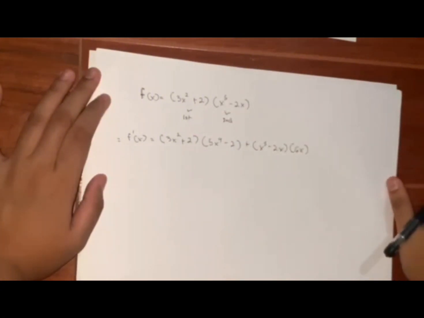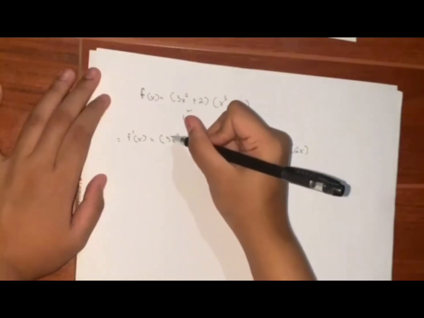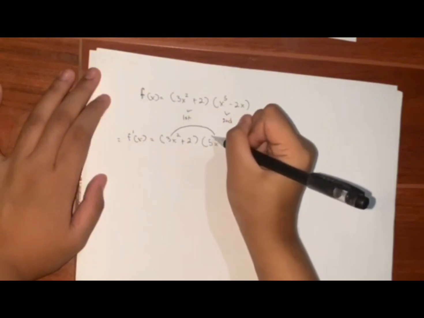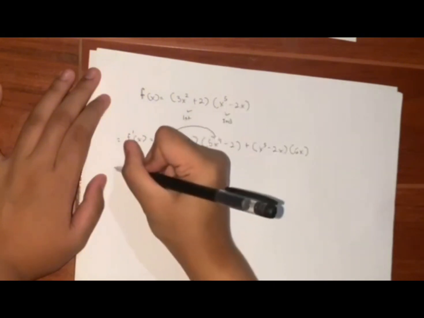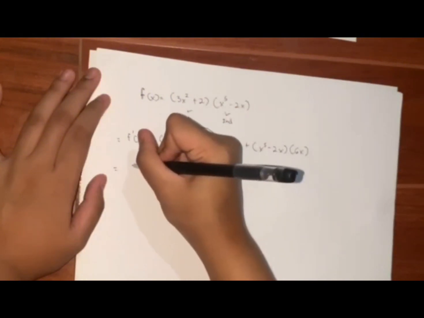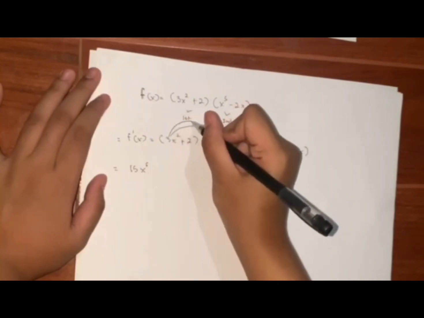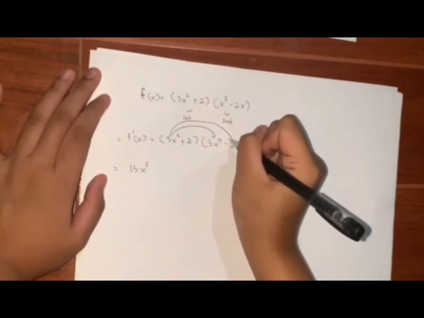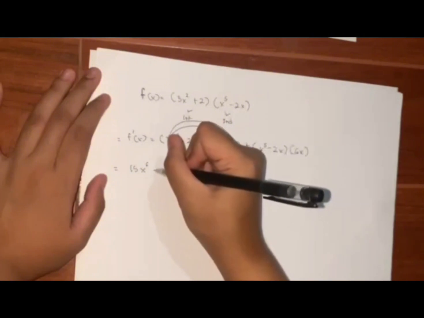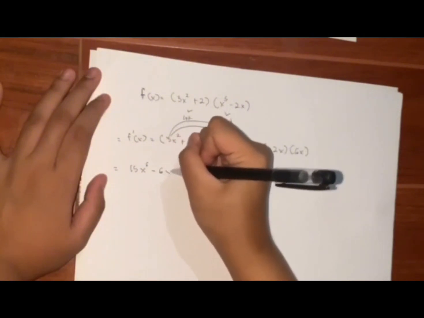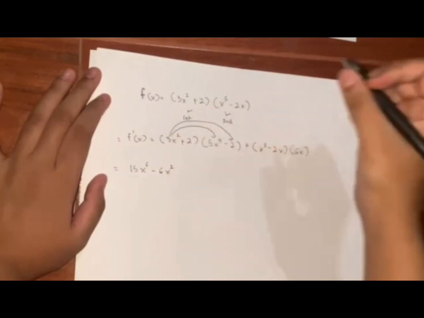Okay, and so from here, let's go ahead and expand our terms so we can simplify. So we have 3x squared times 5x to the fourth, which is 15x to the sixth. 3x squared times negative 2 is equal to negative 6x squared.